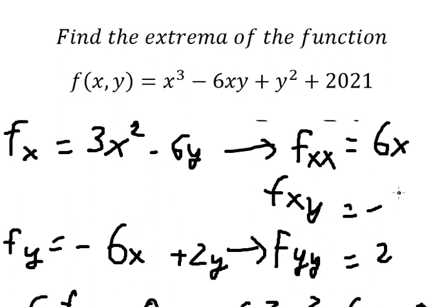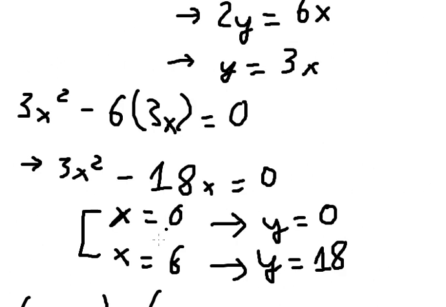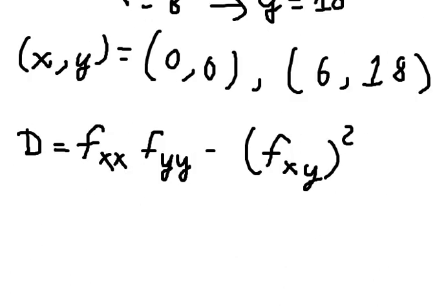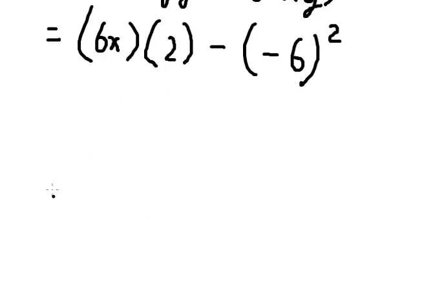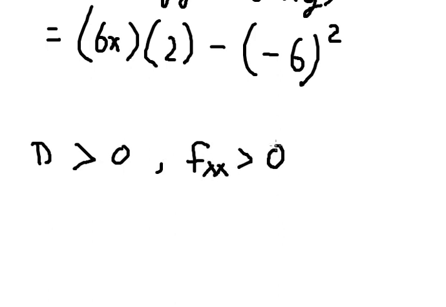Now we put this one going here. So we have like this. So if D greater than number 0, fxx greater than number 0, so this is a relative minimum.